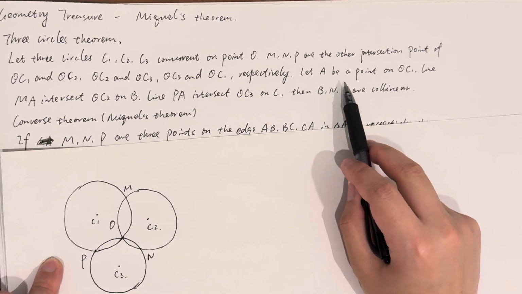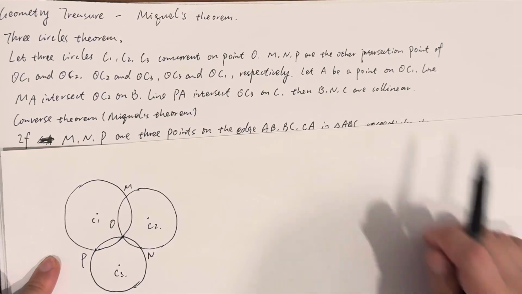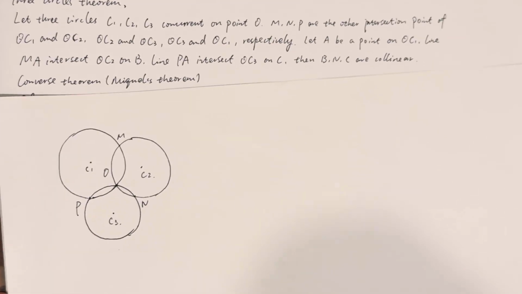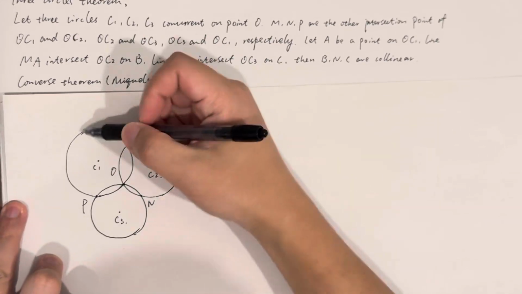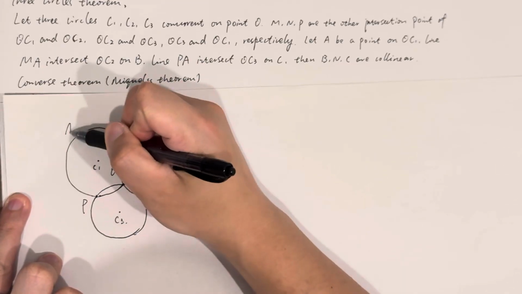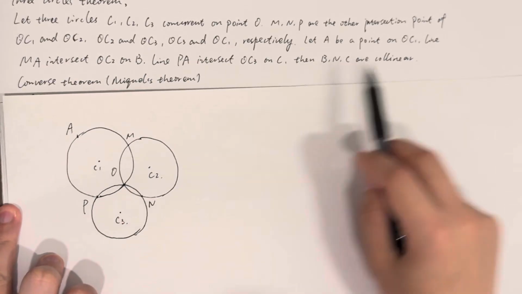And let A be a point on circle C1. So let's just choose A to be here. A is a point on circle C1.